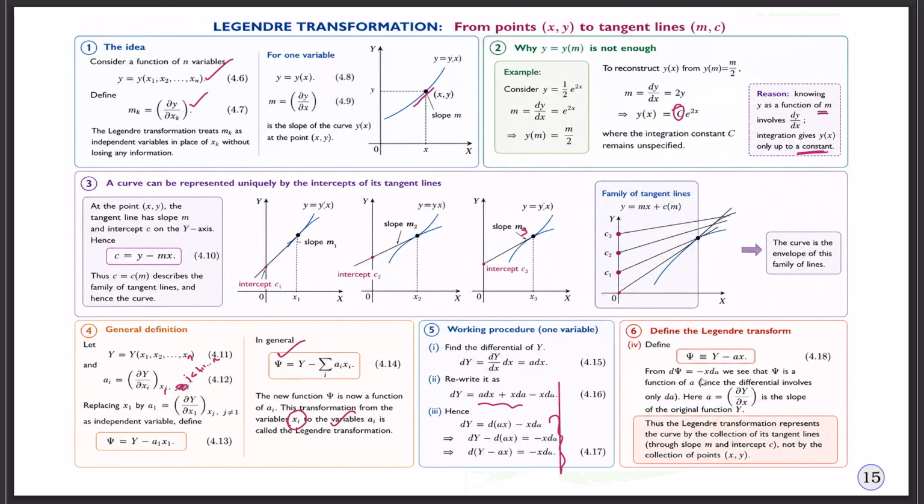From d phi equal to minus x dA, we see that phi is a function of a, since the differential involves only dA. Hence a equal to dy by dx is the slope of the original function y. Thus, the Legendre transform represents the curve by the collection of its tangent lines, through slope m and intersection point c, not by the collection of the points x comma y.